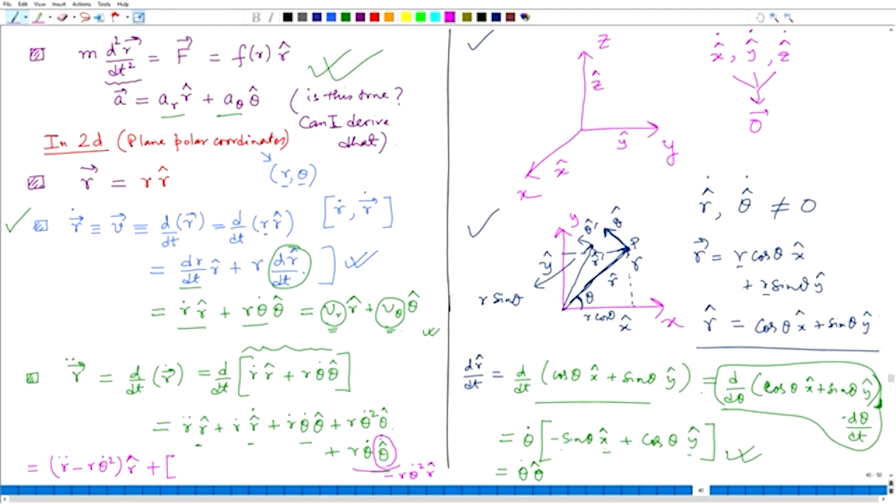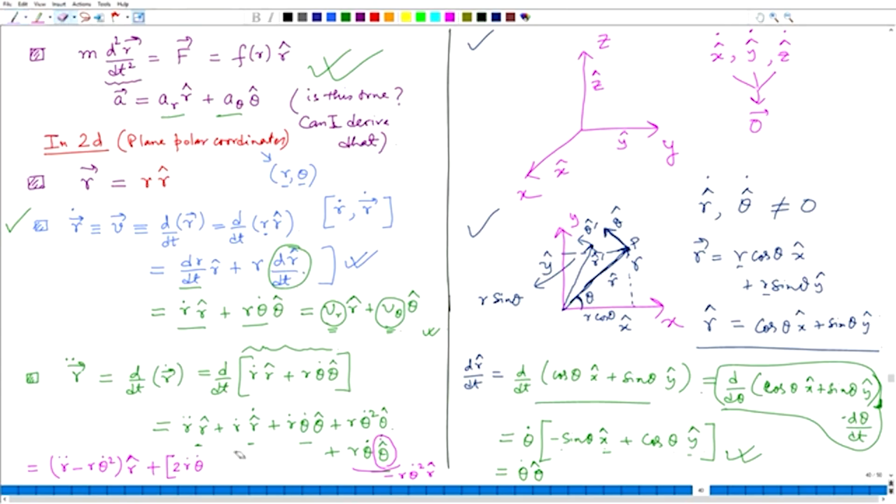So, r dot theta dot theta cap appears twice, giving 2 r dot theta dot theta cap.